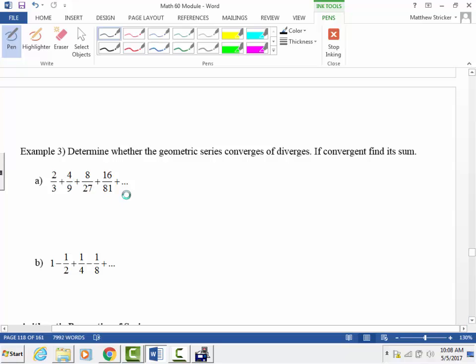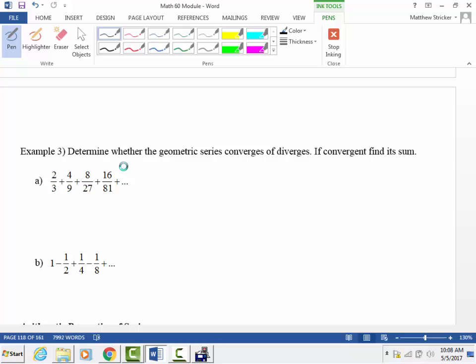So how could we figure out if this is geometric? Is there a common r that we're multiplying by? What am I multiplying to get from here to here? 2/3? 2 times 2 is 4. 3 times 3 is 9.